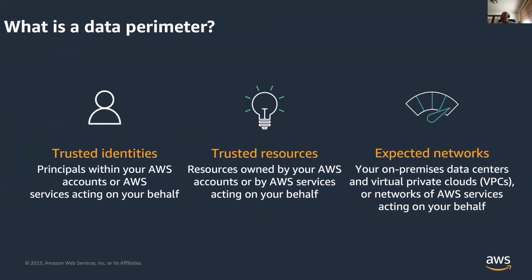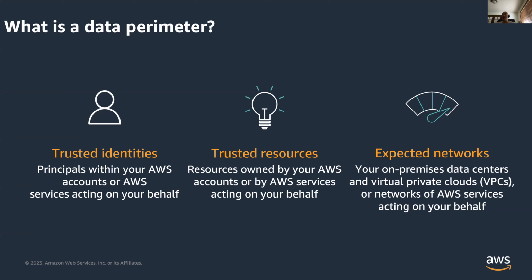In a nutshell, there are three parties here. Trusted identities are the principals or subjects trying to access some object. We need to make sure they are trusted, and this also includes the services that act on our behalf. If I have an application trying to access a database, this application is treated the same way: it has its own identity and needs to be a trusted identity.